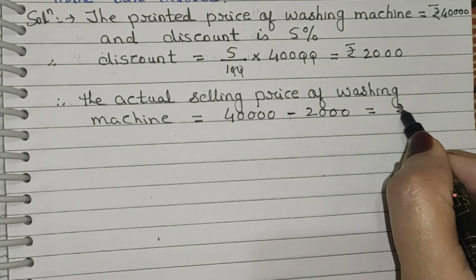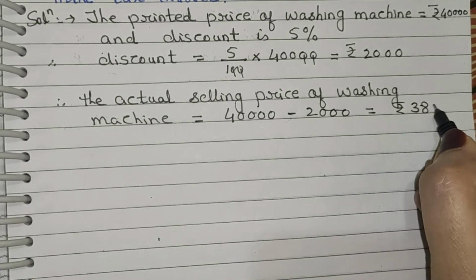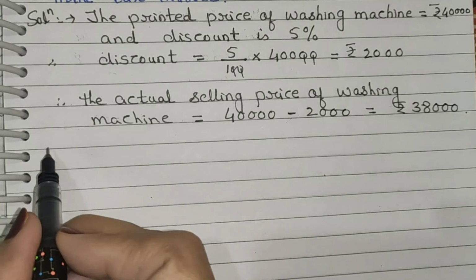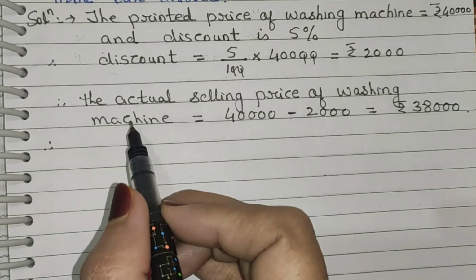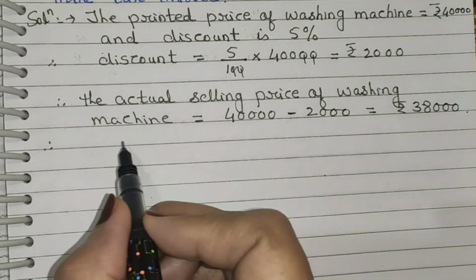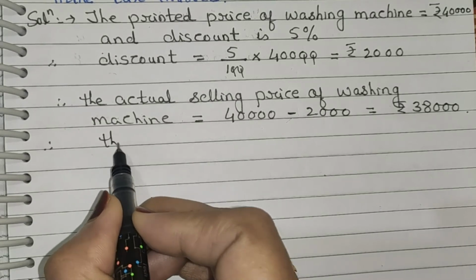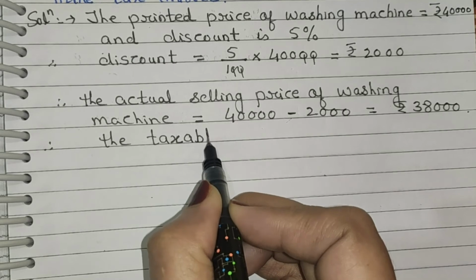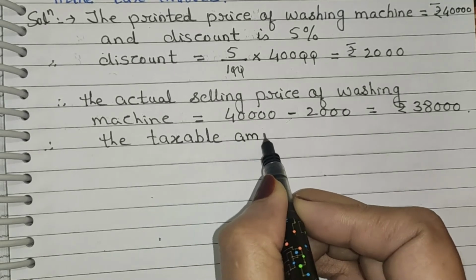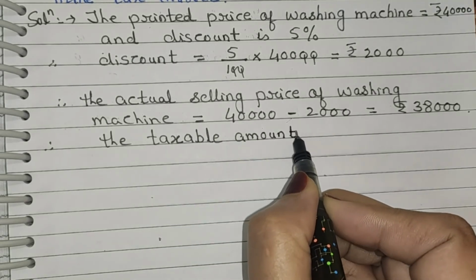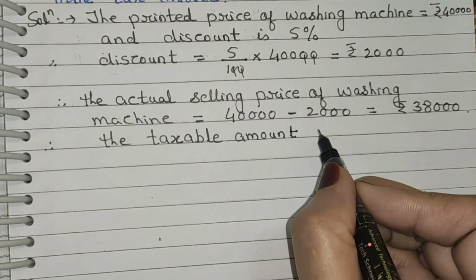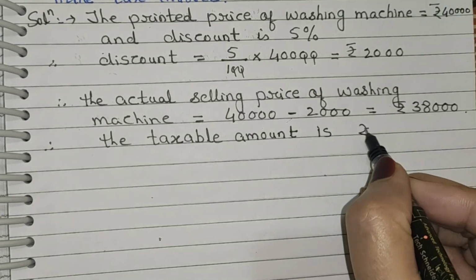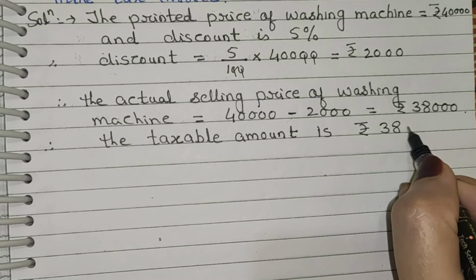Now we get here 38,000. Therefore, it is the taxable amount. Write down here. Therefore, the taxable amount is rupees 38,000.